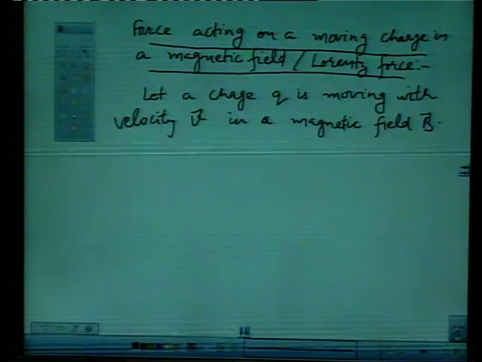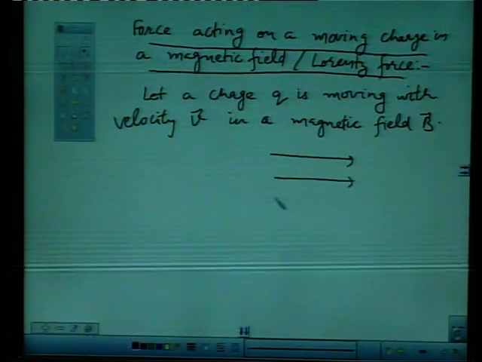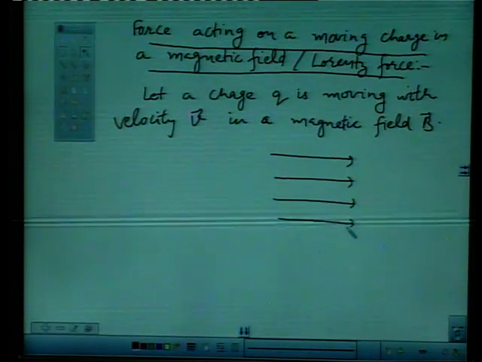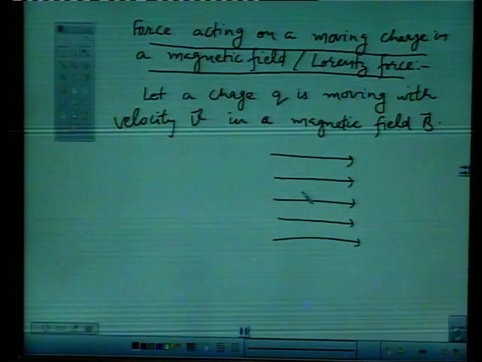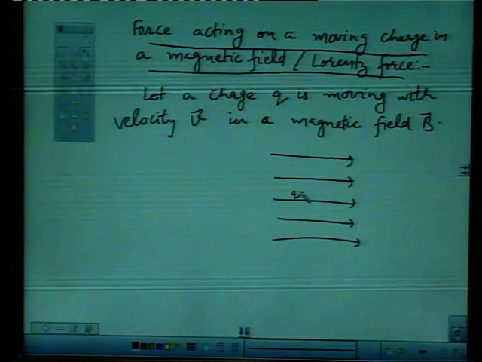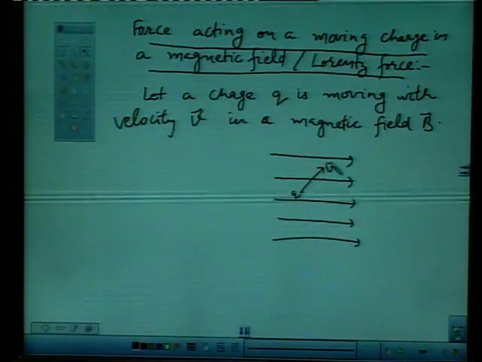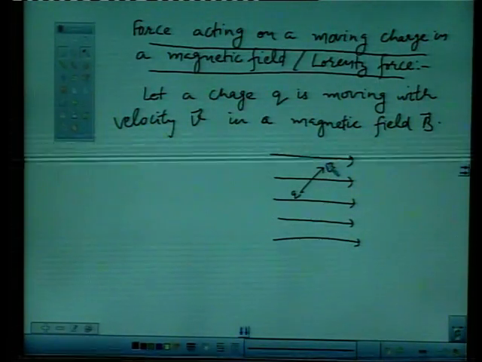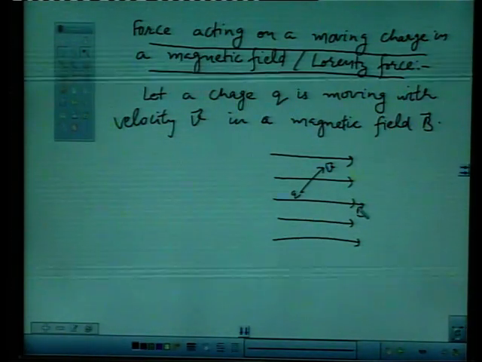Let us draw the diagram. So this is a charge q, point charge q, positive charge, and it is moving with a velocity v. These lines are lines of force or magnetic field lines.